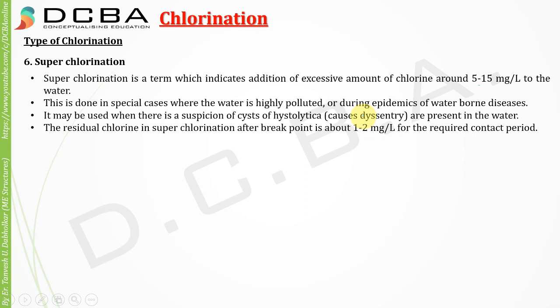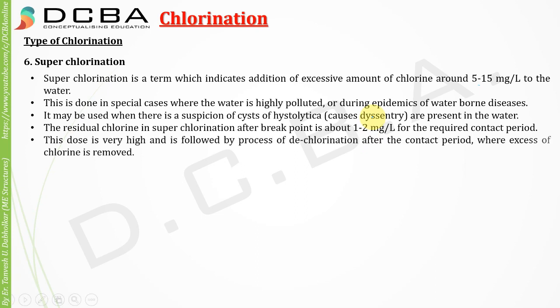It may happen. So again, for this high dose of chlorine, you have to dechlorinate it. So this very high dose of chlorine is followed by a process of dechlorination after the contact period, where excess chlorine is removed. Now, if you remove the excess chlorine, it is again susceptible to recontamination, right?